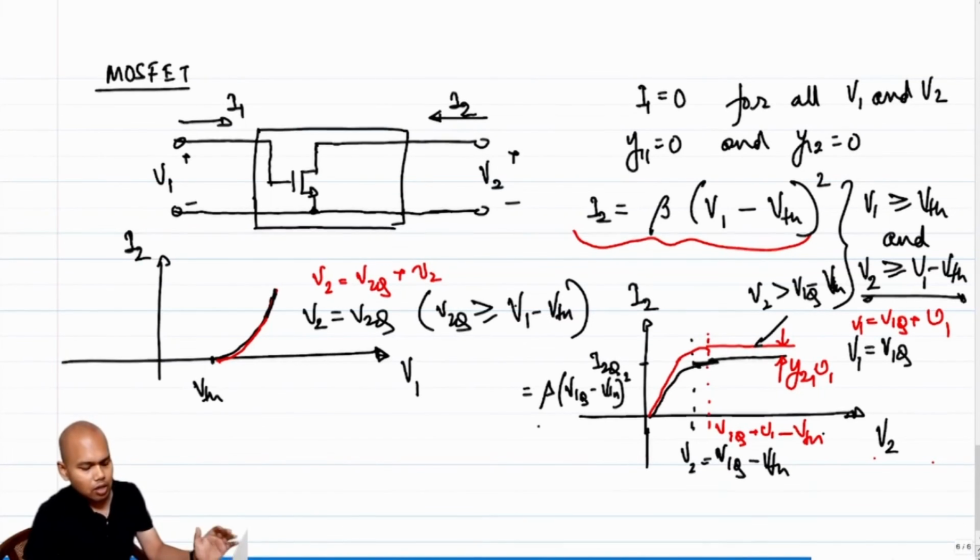But as long as you know what your expectations are, and the device that you are dealing with meets your expectations, you should be able to design an amplifier. And from the next lecture onwards, we will concentrate on designing one such amplifier using MOSFETs. Thank you.